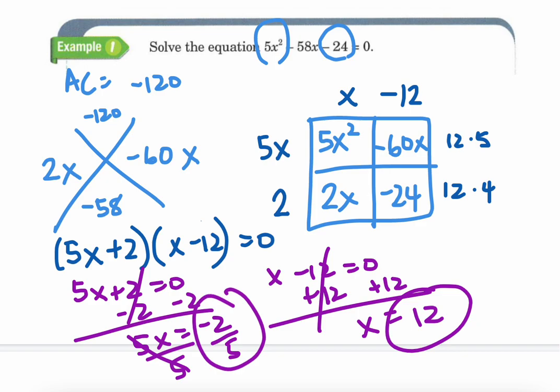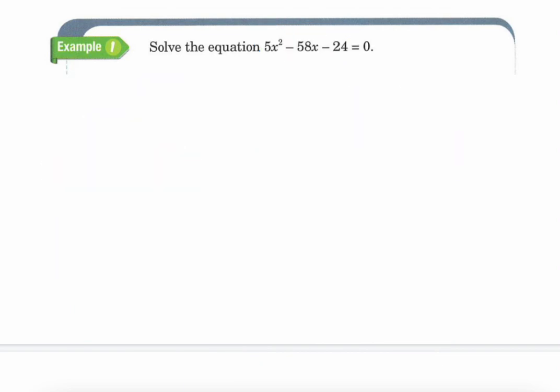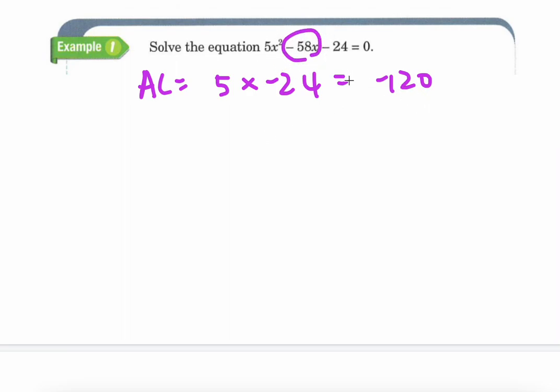Okay, now I'm actually going to show you the other method, which is our AC method. Okay, using the AC method, we would still figure out our AC, which is 5 times negative 24 or negative 120. And we would still have to figure out our two numbers that would add to get to negative 58, but multiply to get to negative 120.